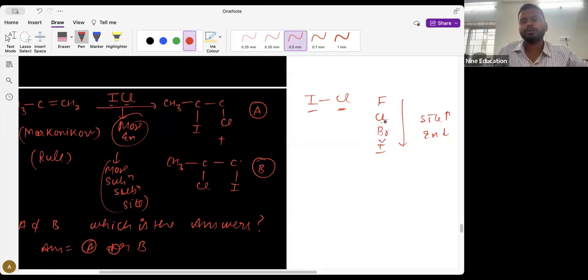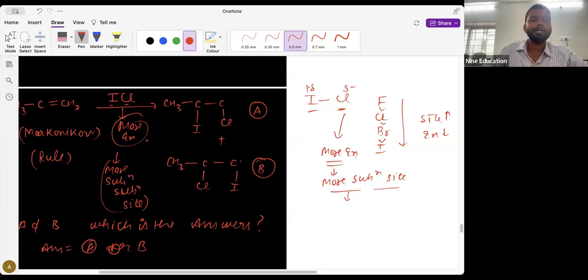So अगर नीचे जा रहे हैं तो electronegativity decrease हो रहा, तो Cl minus की electronegativity more than iodine, है ना? तो Cl minus will come at more substituted side. Cl minus यहाँ से will go and attack the more substituted side, and answer will be our B.